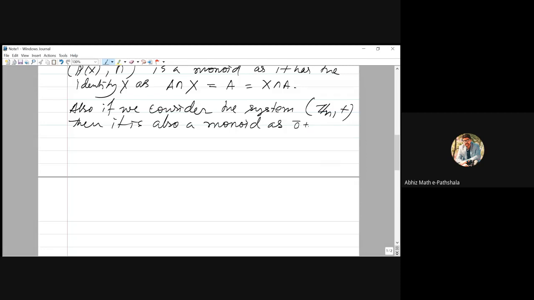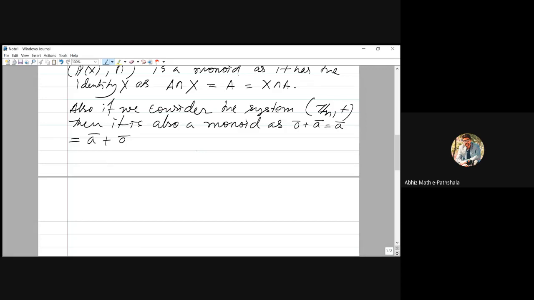If you add the 0 class with any class, then it will give you the class again. And also if you do the addition from the right, then you will get the same thing. So this is a monoid.